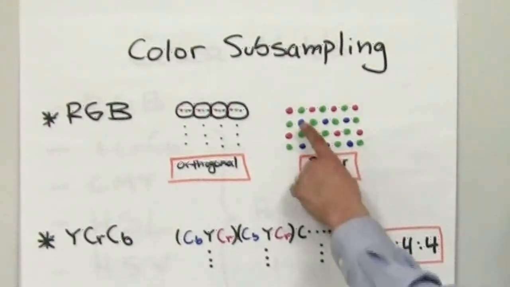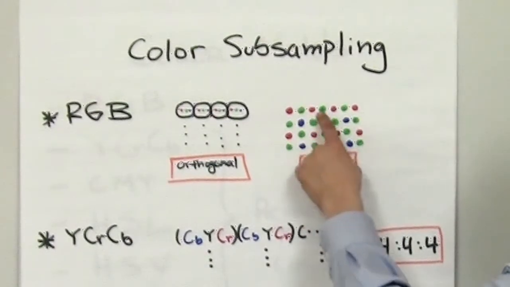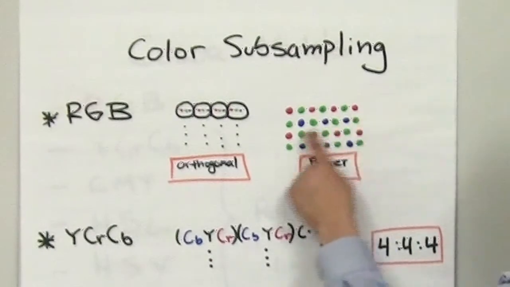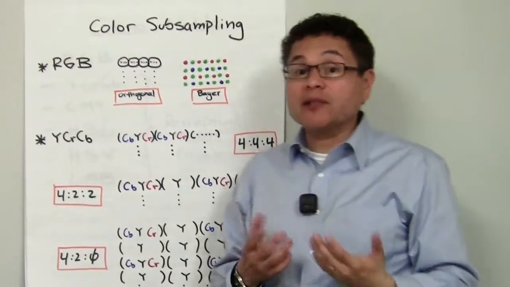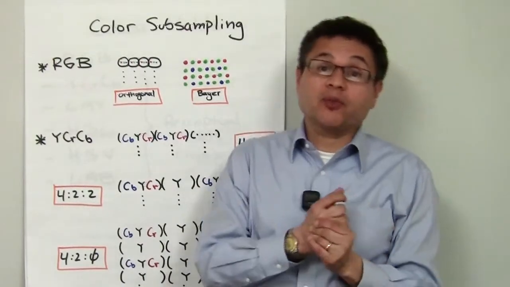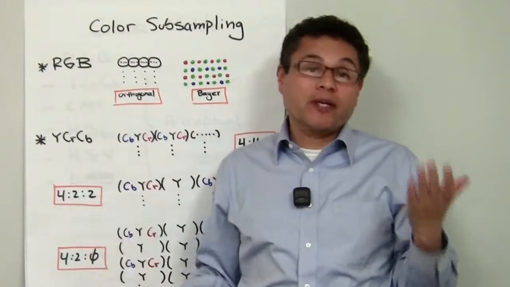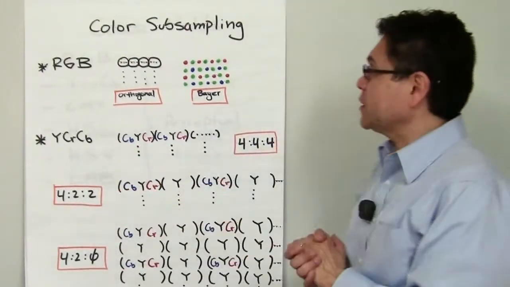Here, I've represented Bayer subsampling, where you may be able to appreciate that there's twice as many green components as there are red and blue. Again, related to the fact that our eyes are less sensitive to the red and green spectral components of images. That's a typical Bayer subsampling.